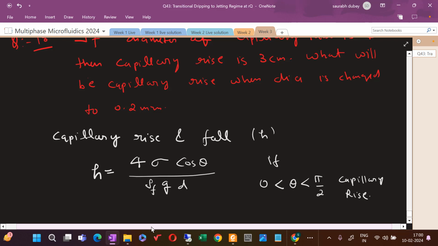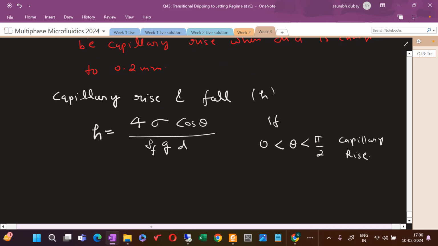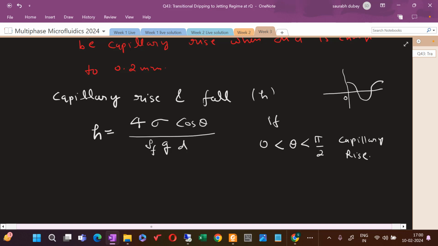Why is this happening? See the graph for cos theta: 0 to pi by 2.